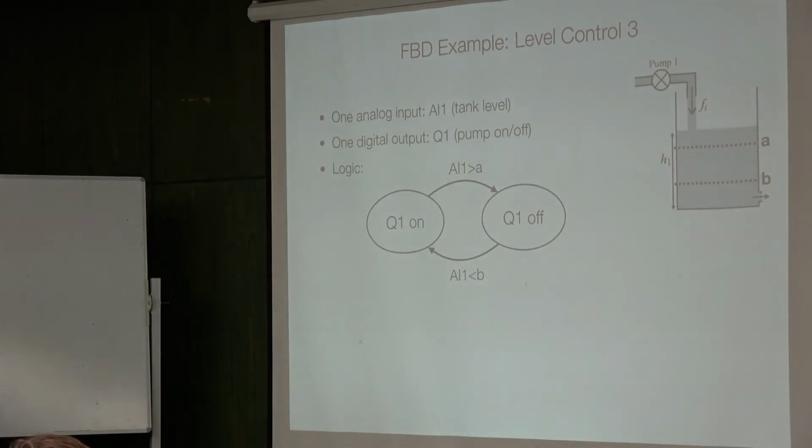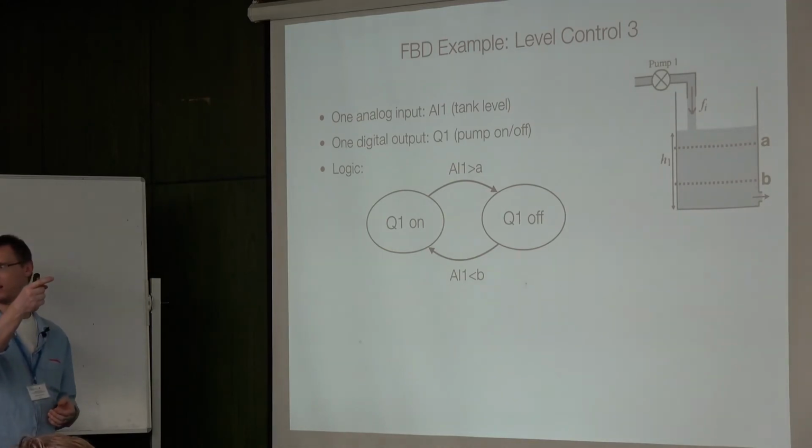Let us have some kind of a finite state machine to control our device. So we will have 2 thresholds, the lower threshold and the upper threshold. And we would like to start up the pump when the level is below this threshold B. And then we would like the water level to rise above A, at which point the pump should be disabled and the level will again drop back, and then it will be turned on again, and so on.